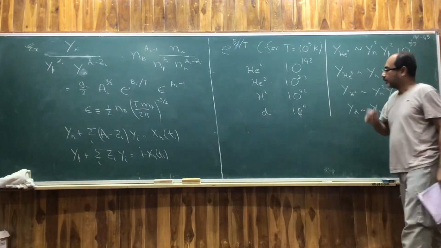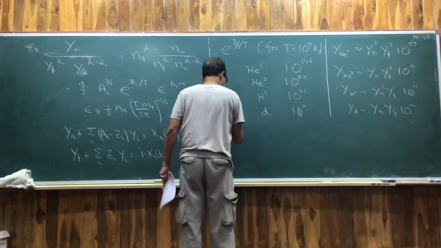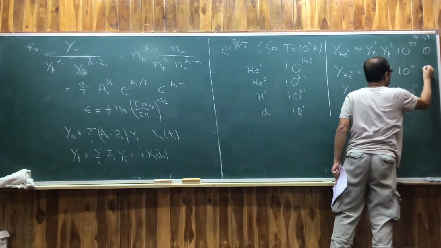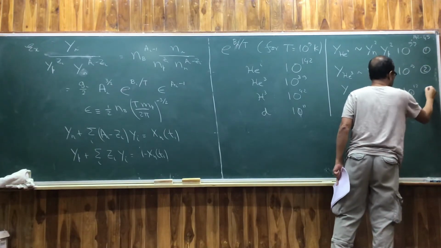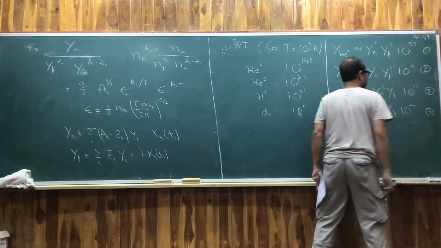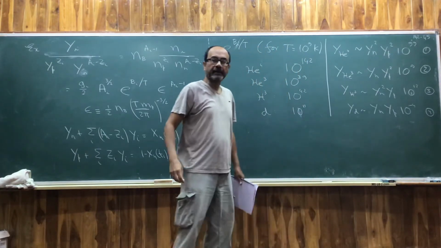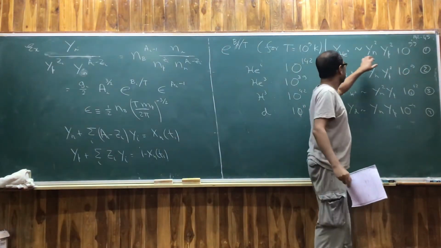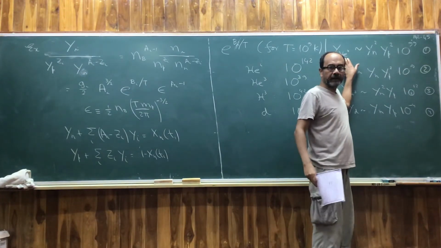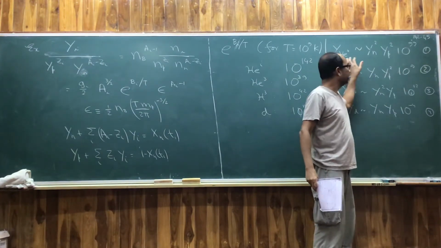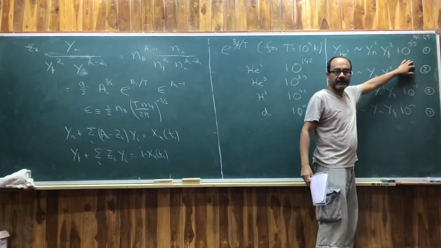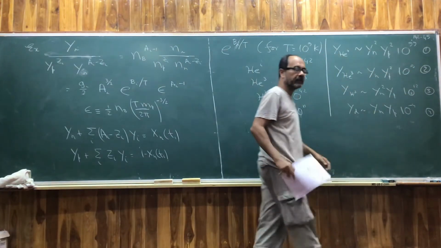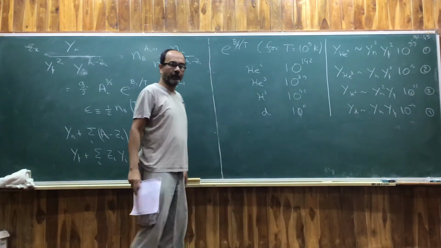Let me call this equation number 1. This is the equation you are trying to satisfy. This is 10 to the 97, so it better be that one of these at least is small. Both can also be small.